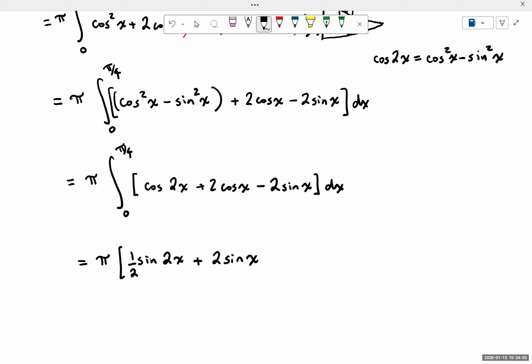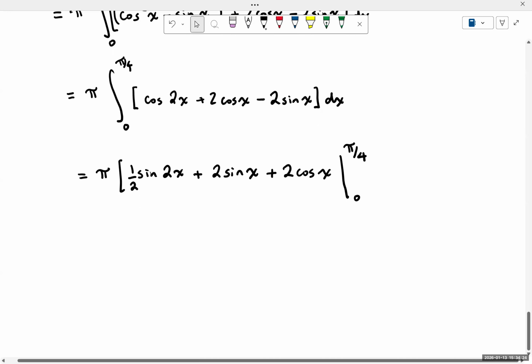So I got this. And in fact, look at that. Derivative of cosine is negative sine. So I'm actually pretty happy here. All of my negatives turn to positives, and all I have to do is evaluate.